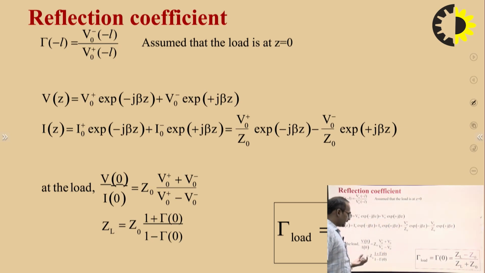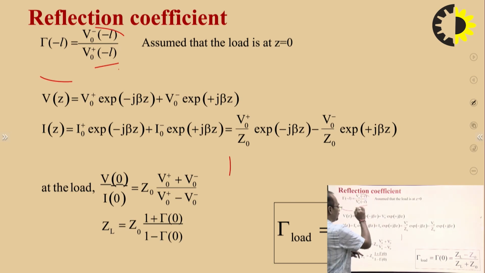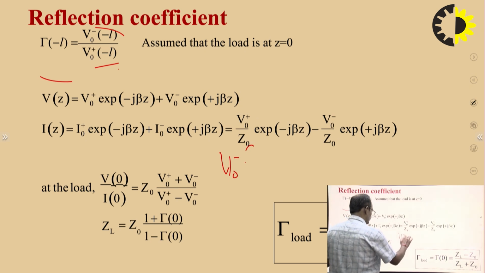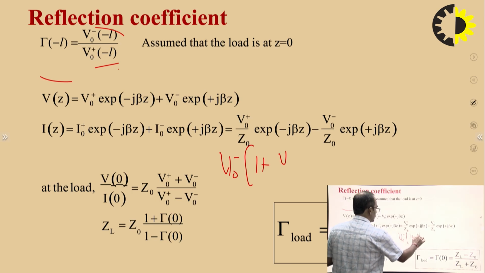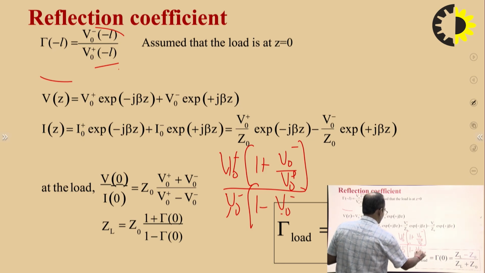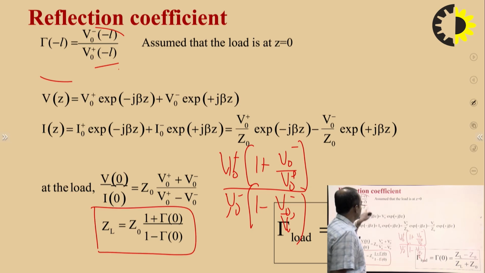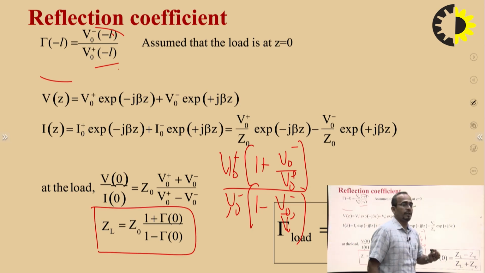This is nothing but the load impedance ZL, equal to Z0 (1 + ...). Here we have taken V0+ common because we have to define this in terms of gamma. Gamma is V0- upon V0+, so ZL = Z0 (1 + Γ) upon (1 - Γ) at z = 0.